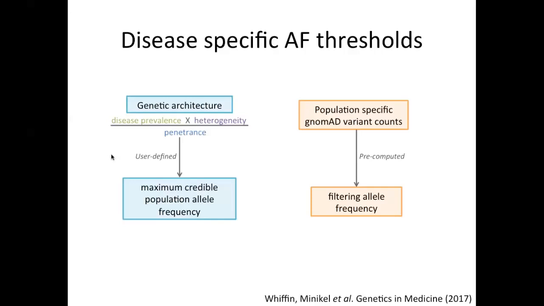So it's not in any way disease-specific. But this filtering allele frequency takes into account all the different populations in gnomAD and this sampling bias, and creates a value such that you can directly compare it with your disease-specific maximum credible population allele frequency to decide whether a variant is a credible candidate for disease or not.